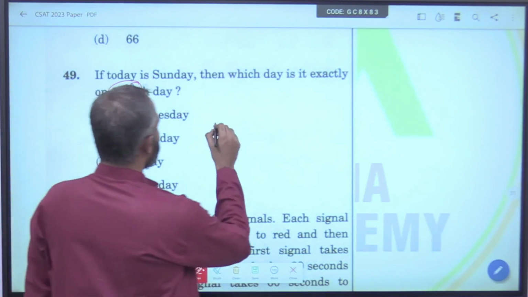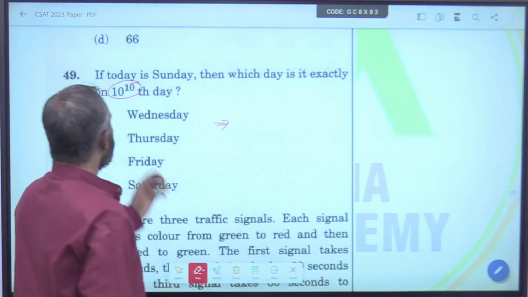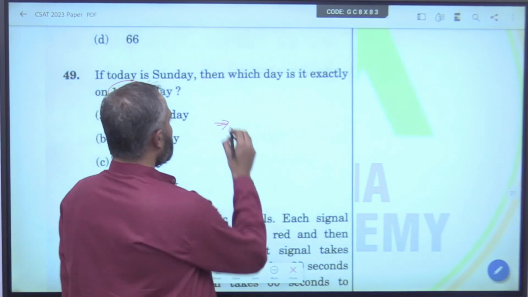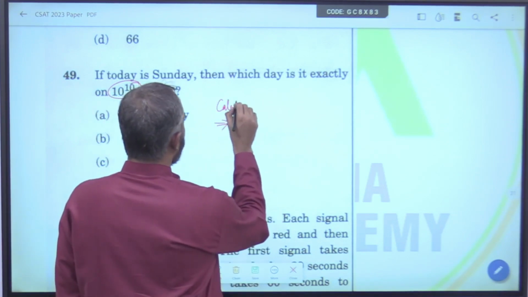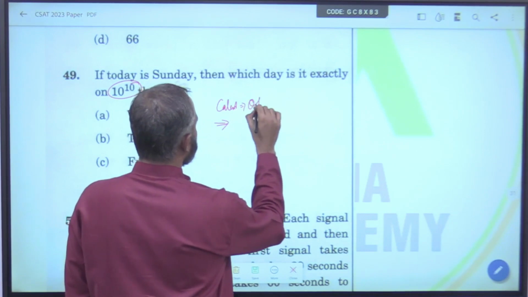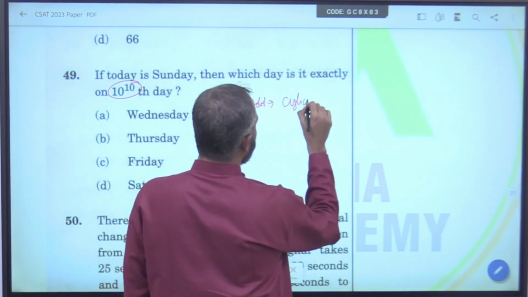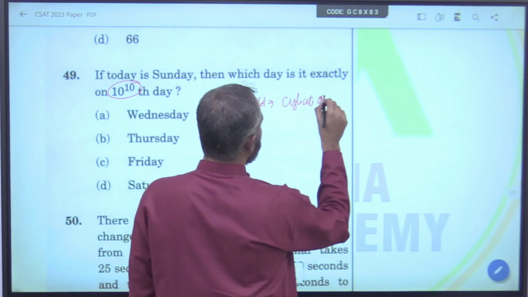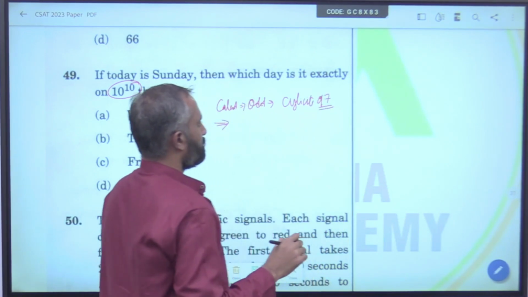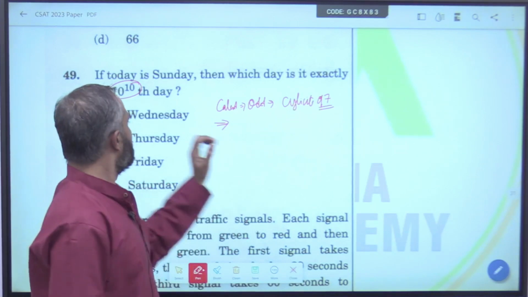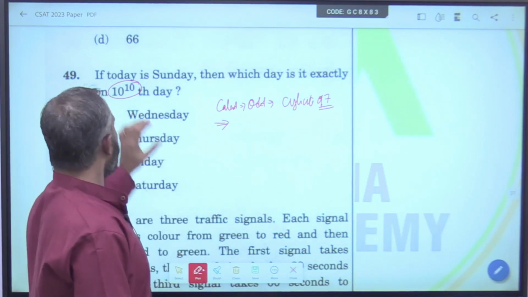Now, we all know that calendar problems depend on odd days, and odd days depend on a cyclicity of 7. Now what we need to do is find the number of odd days in this digit and then apply here.